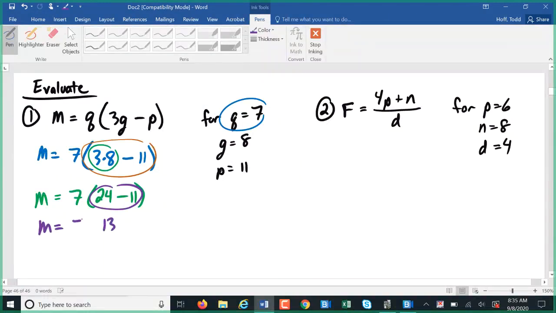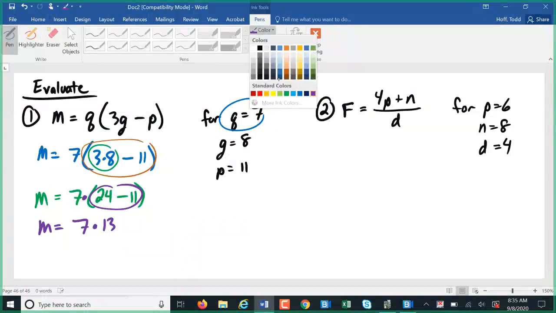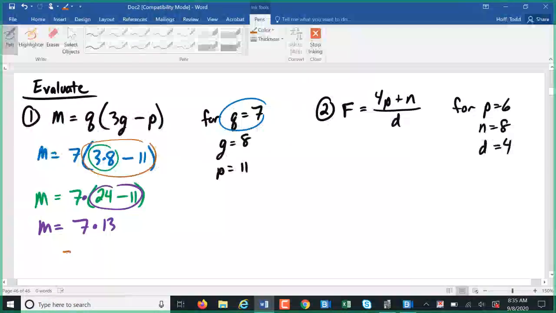And we're down to a single number in the parentheses, so we can take the parentheses out, but we have to recognize these parentheses are also signifying multiplication. And then finally, all we have left is the 7 times 13, which is 91. So m equals 91 is what we get when we evaluate that expression.